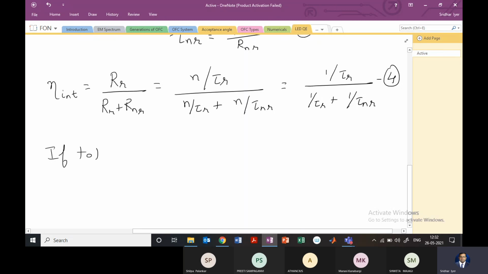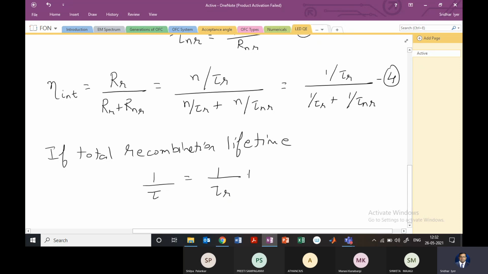If the total recombination lifetime, that means the charges are there for the entire recombination period, is defined as 1 by tau equals 1 by tau_r plus 1 by tau_nr, call this equation 5.